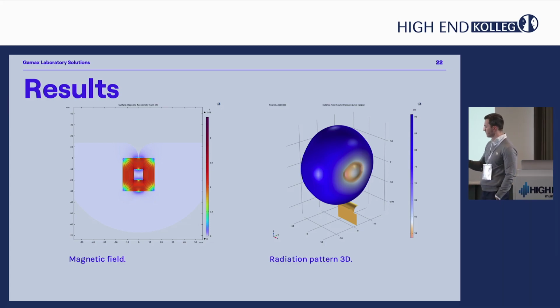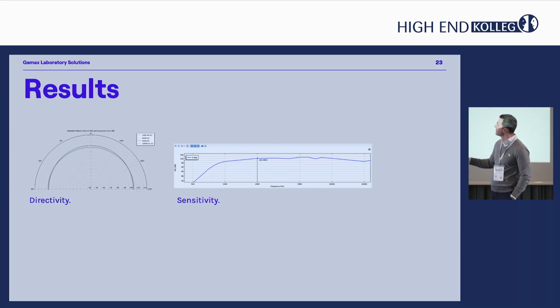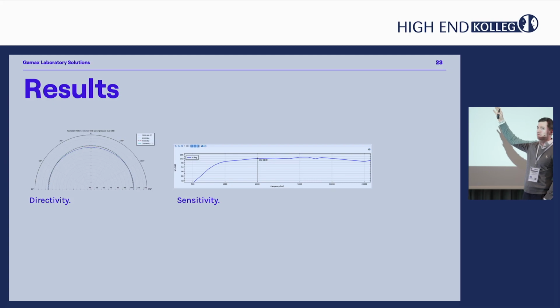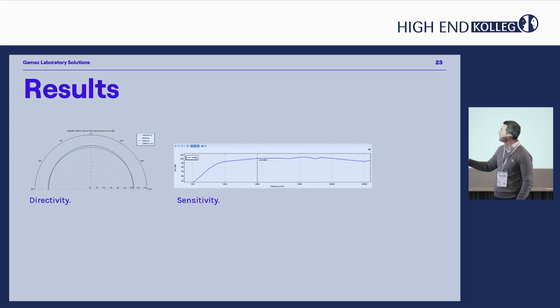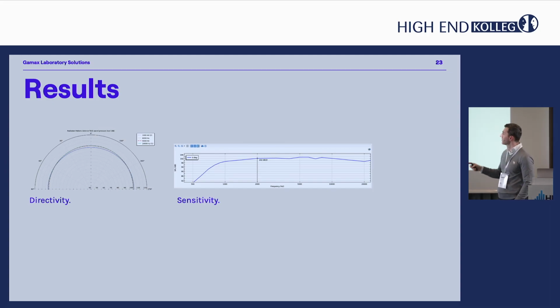And of course, what we really want to see is the directivity. So here are some certain frequencies. They are pretty close to each other. It's 0 degrees in front of the speaker, and plus minus 90 degrees, so it's 180 degrees in front of the speaker, and this is the sensitivity for certain material properties parameters.